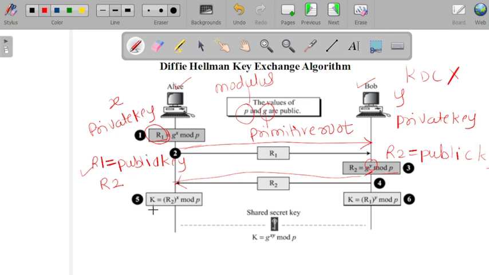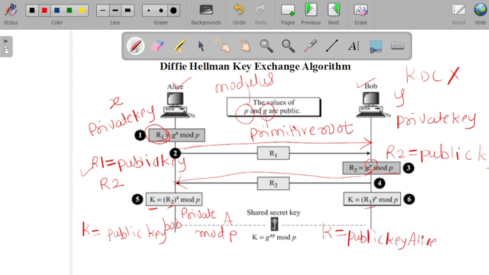Based on those values, they calculate the value of K. K is R2 raised to X mod P. So K is the public key of Bob raised to the private key of Alice, mod P. And on the Bob side, the value of K is R1 raised to Y mod P. R1 is the public key of Alice, raised to the private key of Bob, then mod P. That is our K.